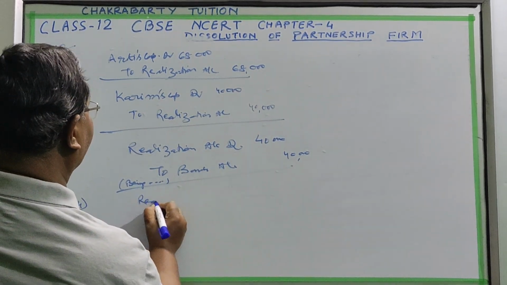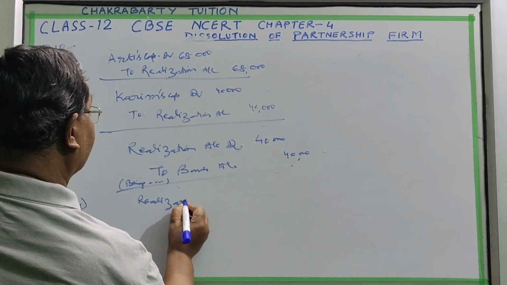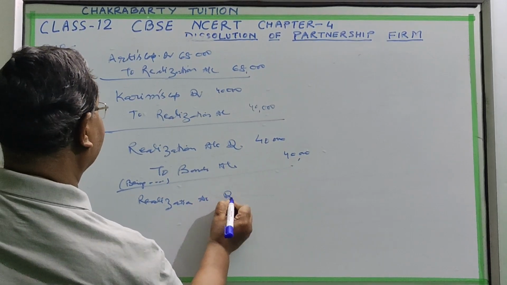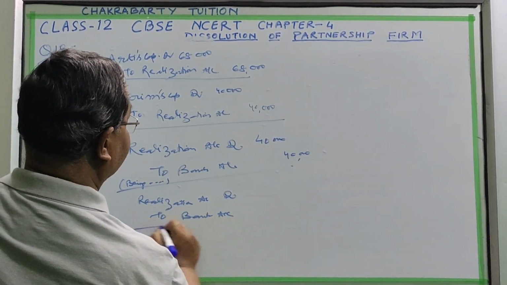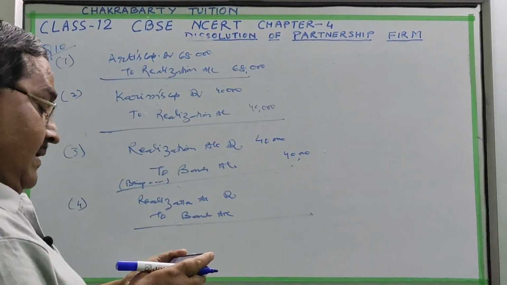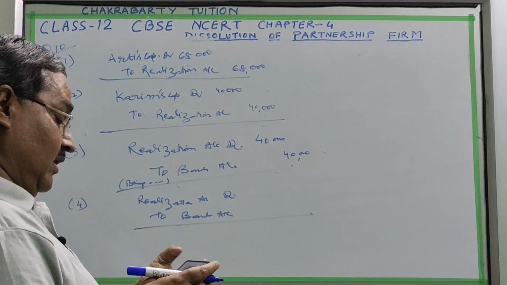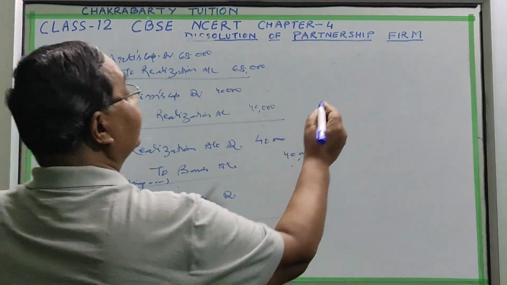So realization account debit to bank account, and in the narration you write creditors were paid. Creditors worth 36,000 were settled at a discount of 15%.